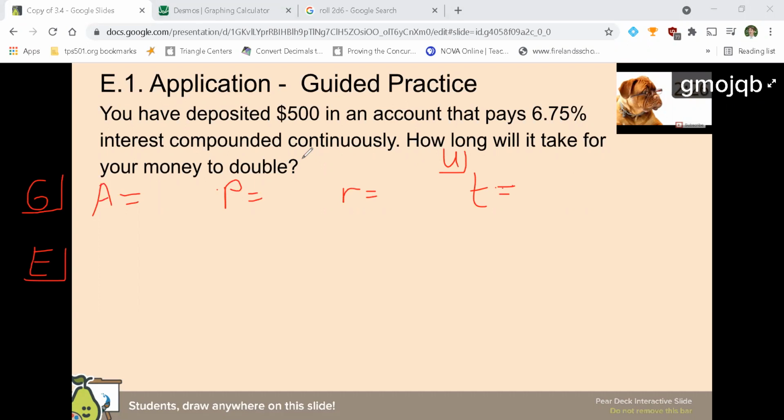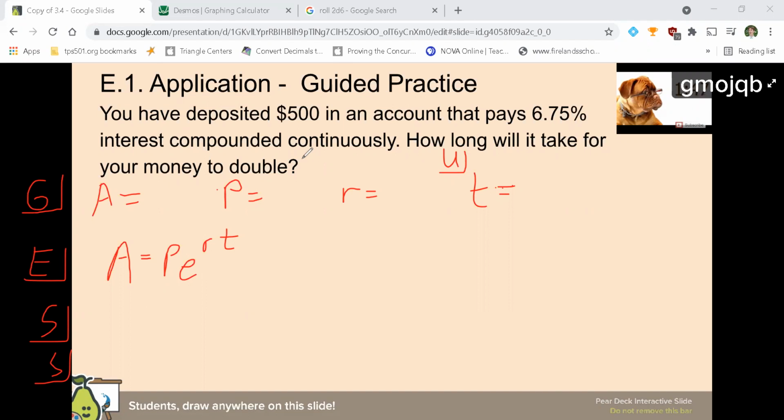I'll give you the equation part. A is the amount you have at the end.